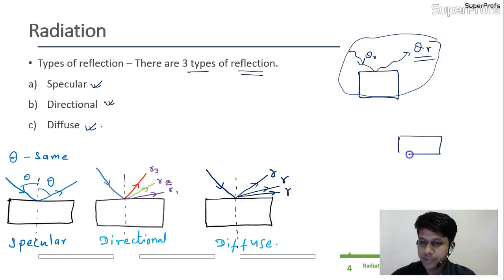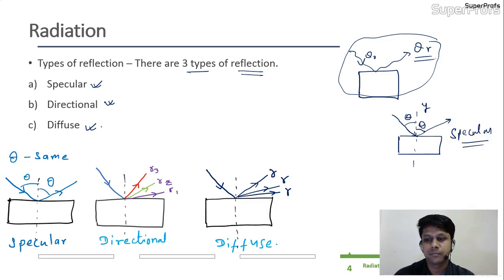Let us say this is the y-axis, and some ray is coming to this body making an angle of theta with the y-axis, and the reflected ray is also making an angle of theta from the y-axis. Then this kind of reflection is known as specular reflection, in which the incident angle and reflection angle are the same.